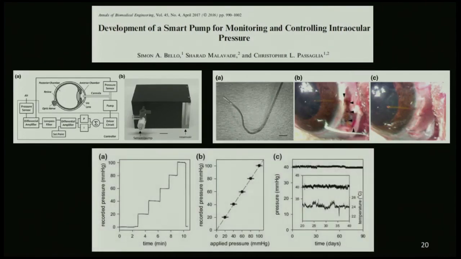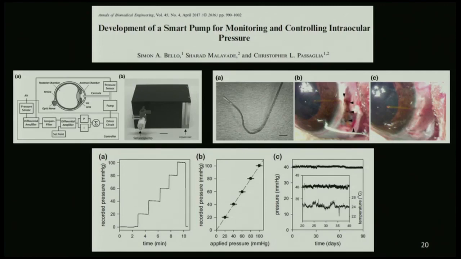And they were able to get really great sort of stepwise increases in their IOP. Their recorded IOP was essentially the same as their applied pressure, and they can keep a pressure relatively steady in this animal over 90 days. So they kept this pressure at 40. Interestingly, in the first month, they saw a lot of noise, and they figured that that was related to the ambient temperature in the room.